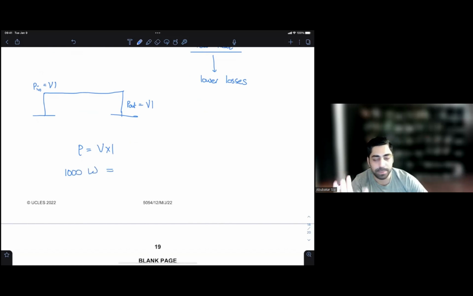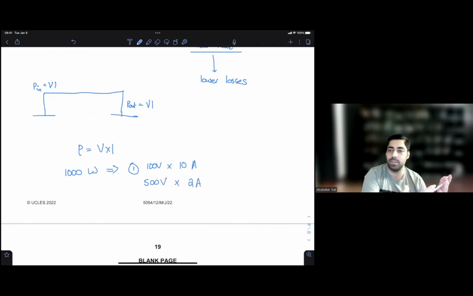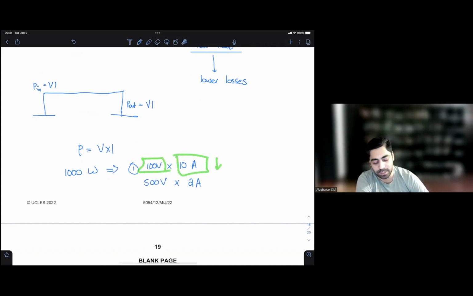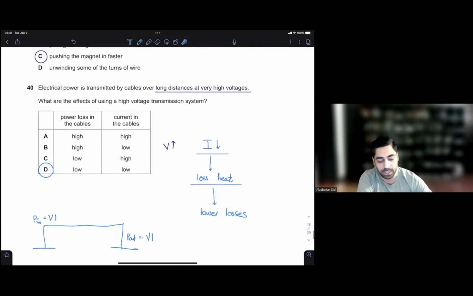You can transmit a power of 1,000 watts in many different ways. For example, case number 1, you use 100 V as the voltage, 10 amp as the current. Case 2, you use 500 volts as the voltage and 2 amps as the current. You have many such combinations where the product is going to be 1,000. But which one's the best? The one with the highest voltage and the lowest current. Why? Because the power loss is going to be minimized.